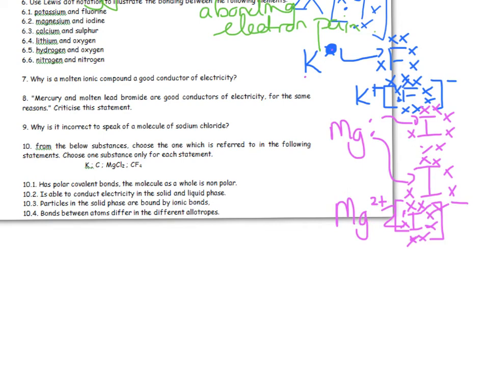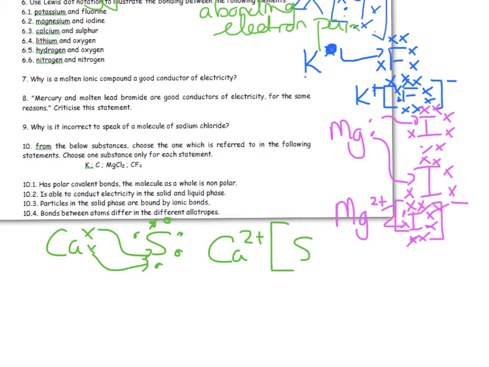Let's try another one. Calcium has got 2 valence electrons, sulfur has got 6. So the calcium is going to send its electrons over. You're going to get Ca2+, and you're going to have sulfur with a 2 minus charge. Lithium and oxygen.